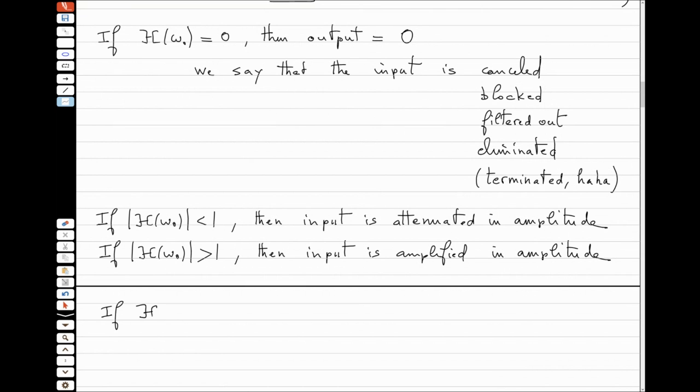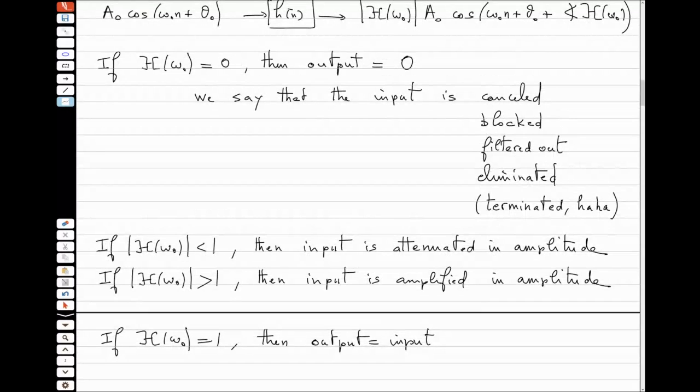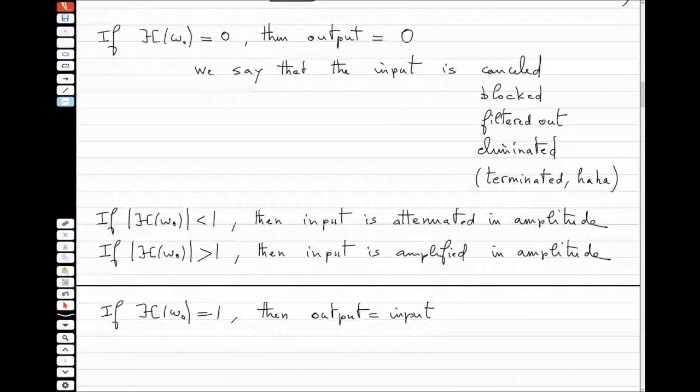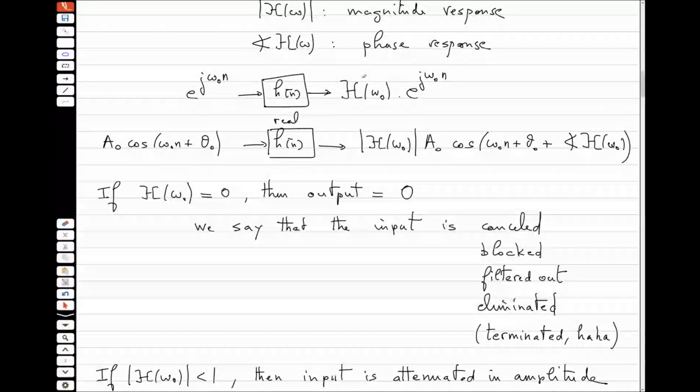If H over omega naught equals 1, then output equals input, right? I mean, in both cases, because if this is 1, then this is 1, but then this is 1 and this is 0.